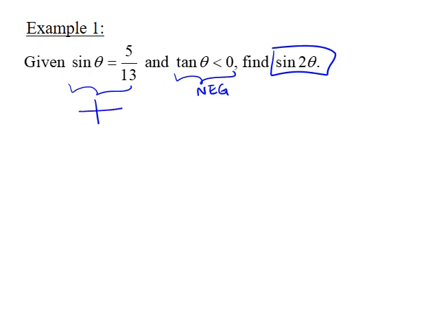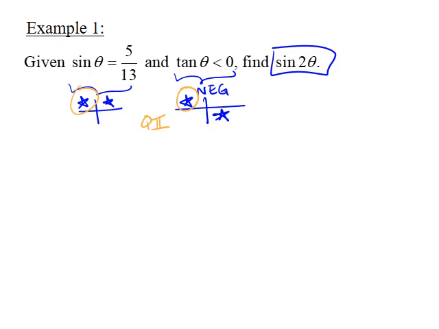Sine of theta is positive in quadrant 1 and quadrant 2, and tangent is negative in quadrant 2 and quadrant 4. So we need to identify the overlap, and the overlap is in quadrant 2.